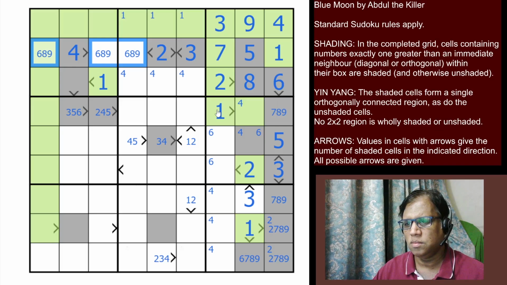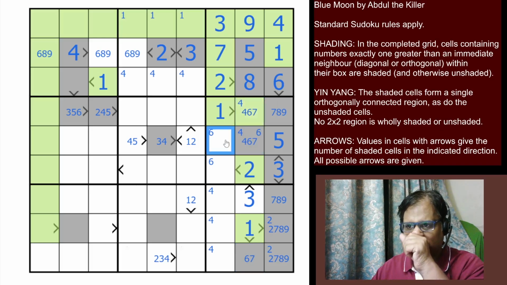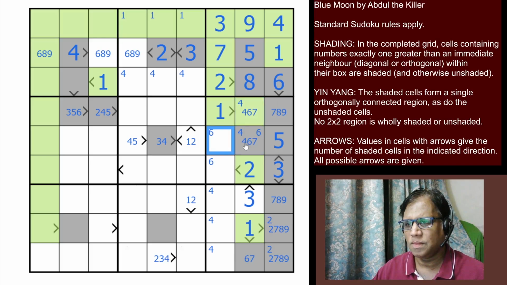So now 7 is not here. 7 is one of these. So 8 is not here. Also 8, 9 both we can remove, 6, 7. So those are 4, 6, 7, one of these. 7, 8, 9, 2, 7, 8.